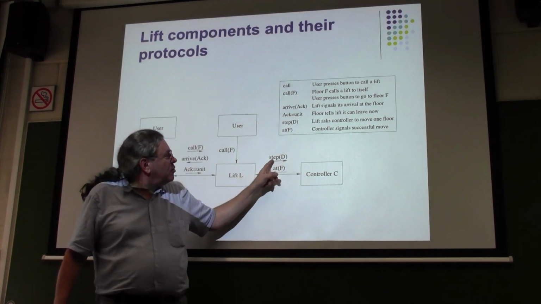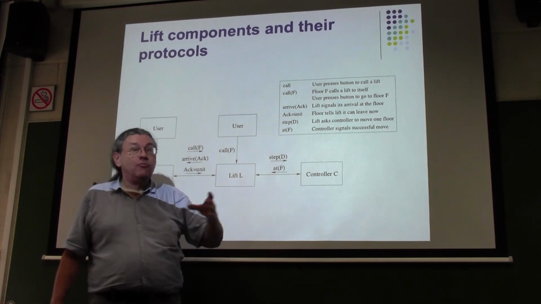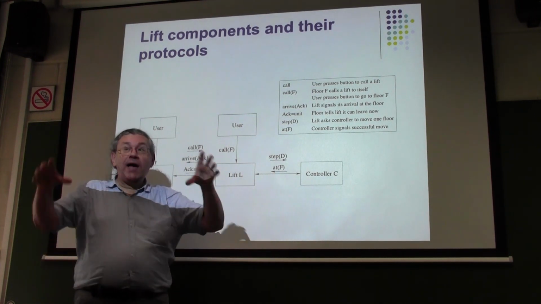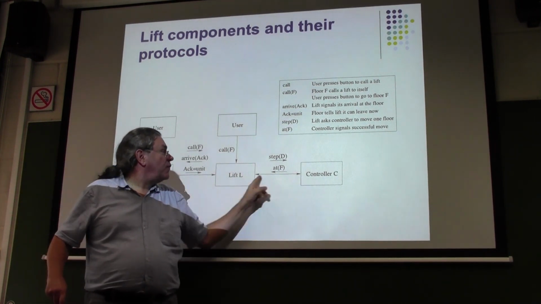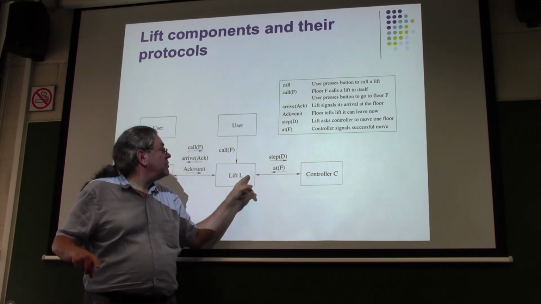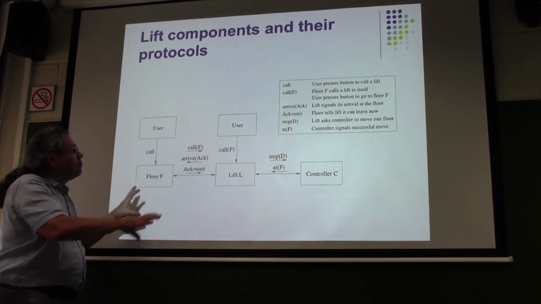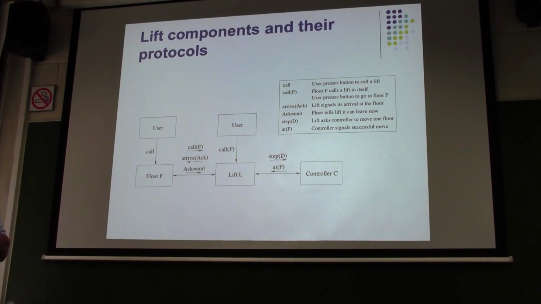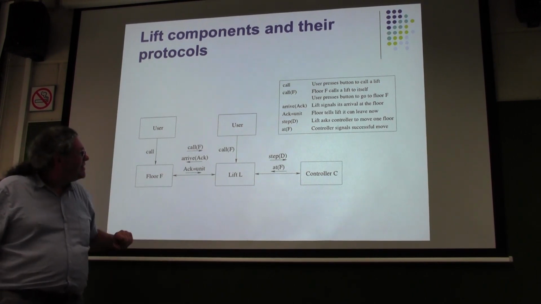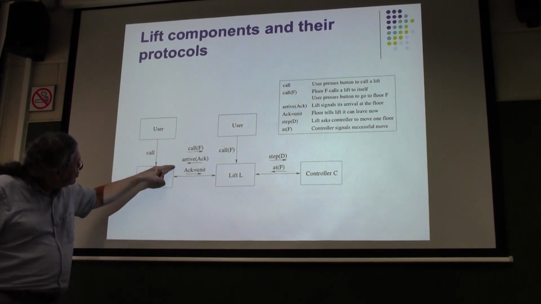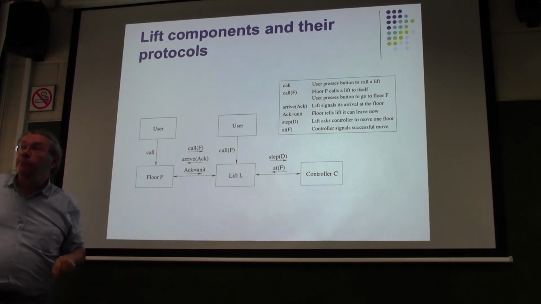Whenever the lift wants to move, it sends a step message to move up or down, and then when it arrives at a floor, the controller says, you have arrived, so it sends a message back. So you have all these protocols running between these agents, and inside of each of these agents, you have a program.